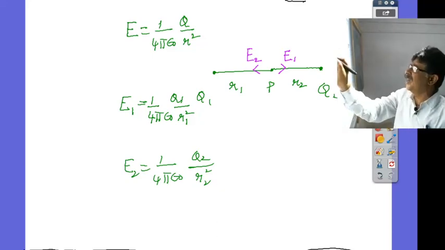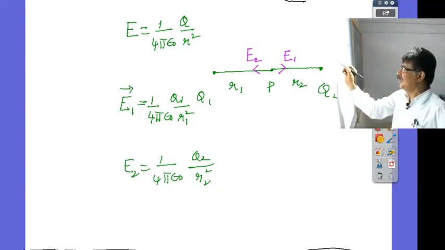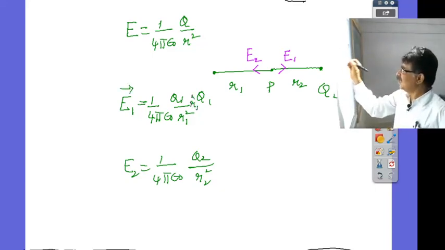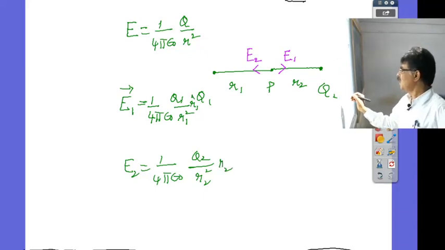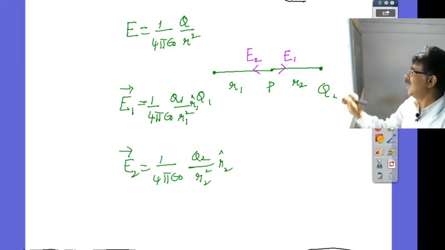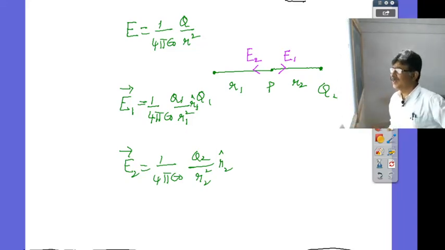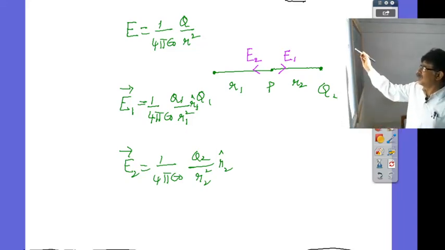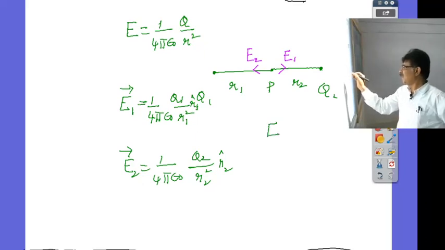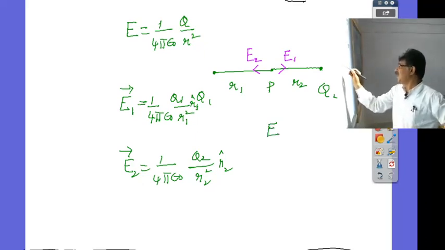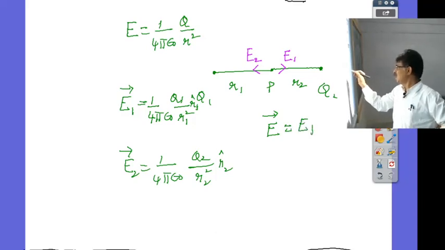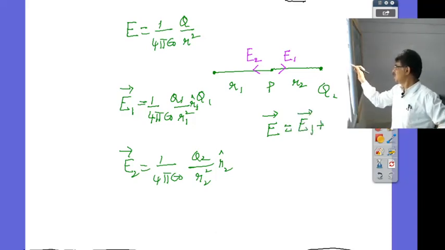If you want to find the direction, what are you going to do? You are going to add the unit vector, right? In the first case, it is R1 cap, and in the second case, it is R2 cap. Now, because of these two, the net electric field at point P, E, is equal to E1 plus minus E2.